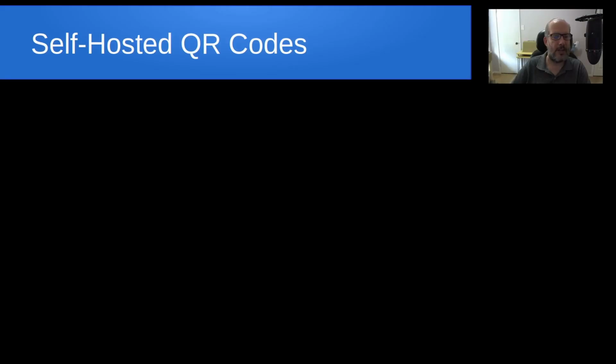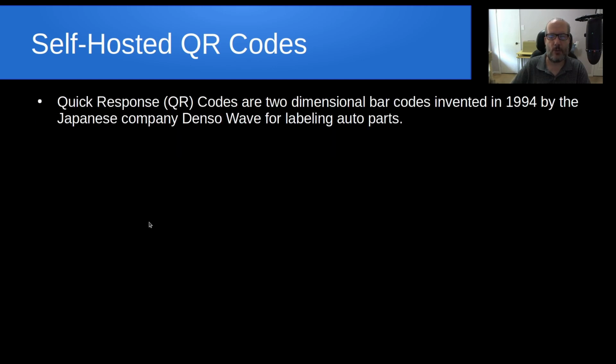All right, so today we're going to talk about self-hosted QR codes. QR codes, or quick response codes, are two-dimensional barcodes invented in 1994 by the Japanese company Denso Wave, and it was originally used for labeling auto parts. Static QR codes cannot be edited once they're created.